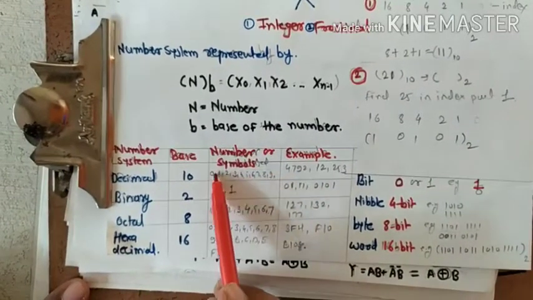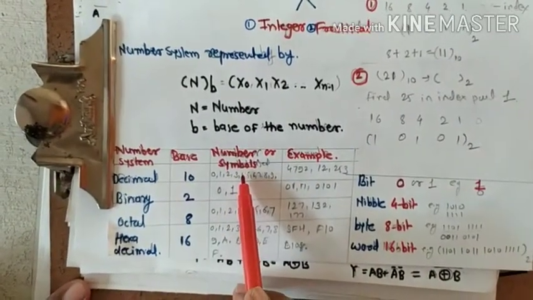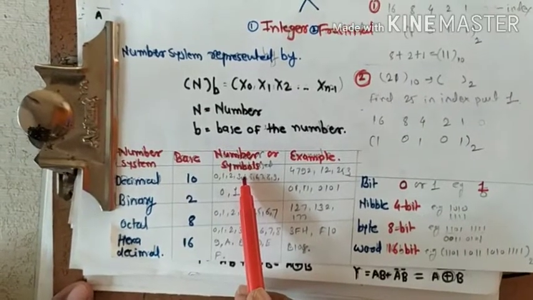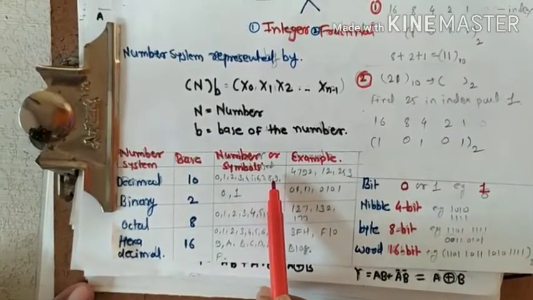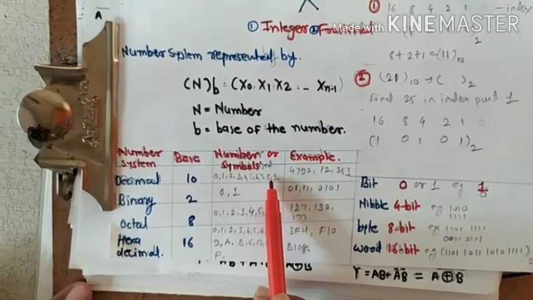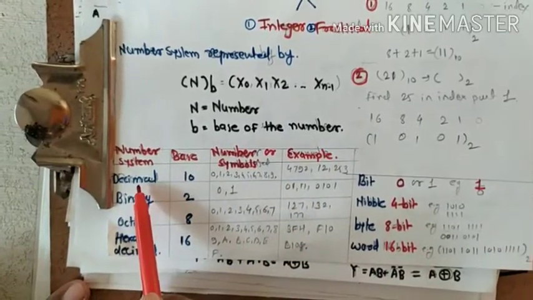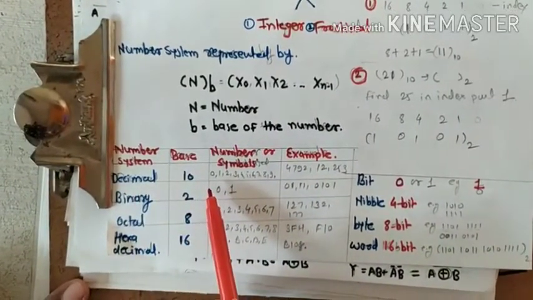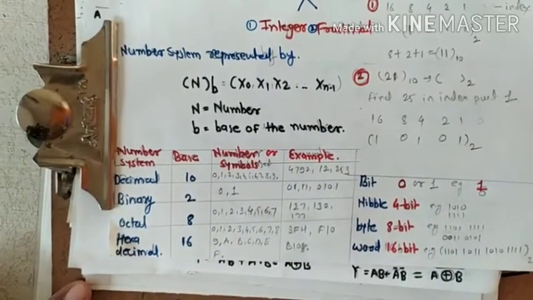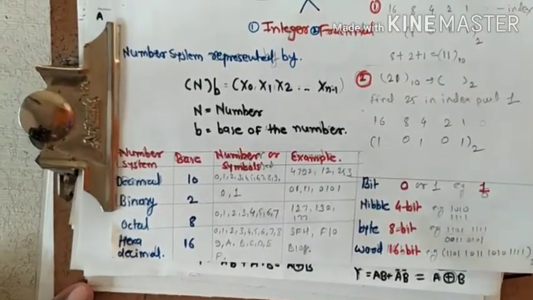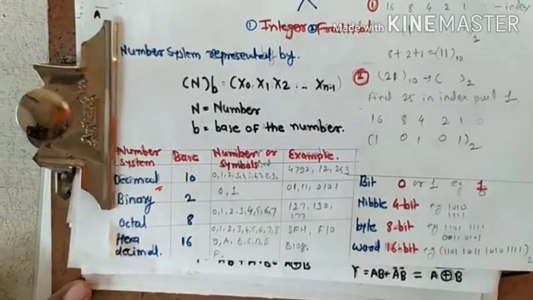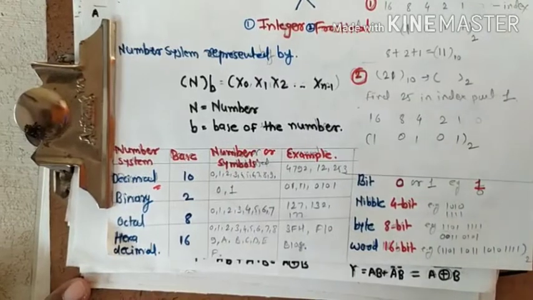By the help of these numbers we can represent our number. So this is called a decimal number. Actually, when we write a decimal number we do not write the base 10, because by default we use the decimal number system. But in digital electronics you always write the base of each number system.